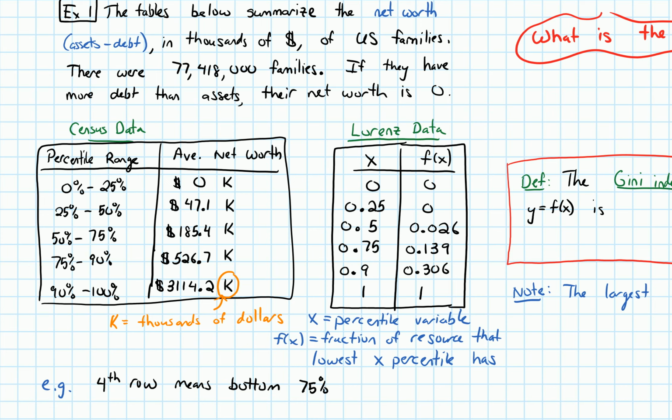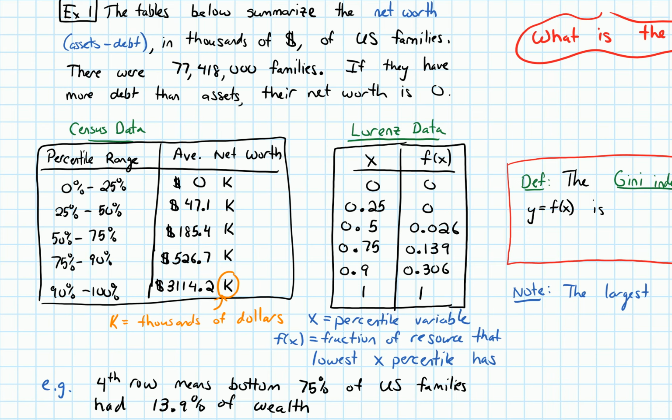So the bottom 75% of US families had, and the value in the f of x column tells us what fraction of the resource they held. So 0.139, which as a percentage is 13.9%. They had 13.9% of wealth. I'm going to write wealth for short when we're talking about their net worth here.